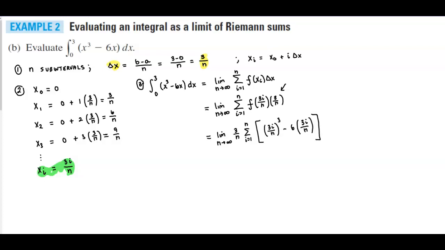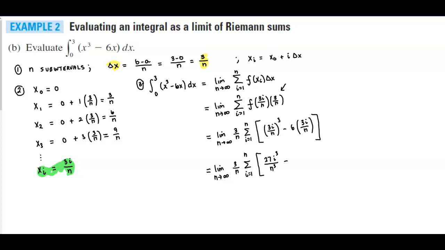Okay, so now let's go ahead and simplify this. We have the limit as n approaches infinity of 3 over n times the summation of i equals 1 to n. If we cube 3i over n, 3 cubed is 27, so we get 27 i cubed over n cubed.